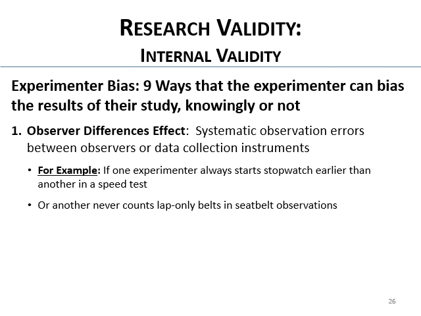So let's say in those seatbelt studies that we were talking about earlier, we're at the top or bottom of the off-ramps. One researcher kind of never bothers to try to count lap-only belts, which are sort of old school. They only count ones where there's a shoulder belt, and you're going to get differences in seatbelt count rates between that experimenter and the others, just because you've got observer differences.